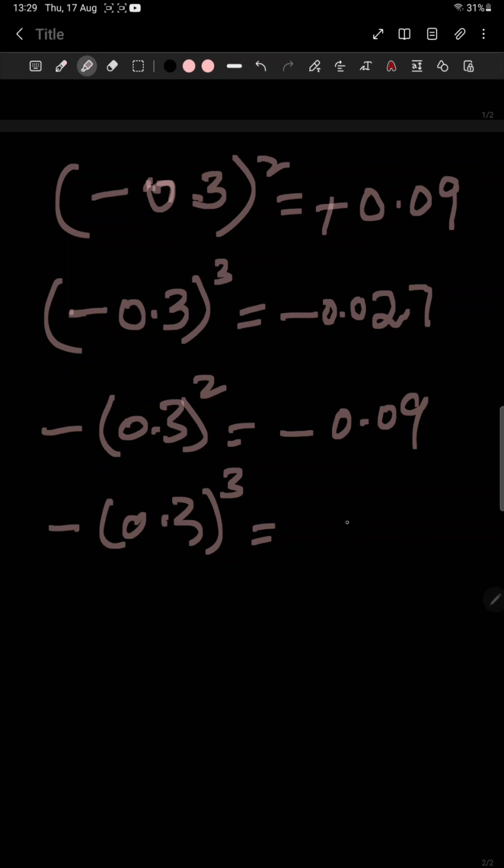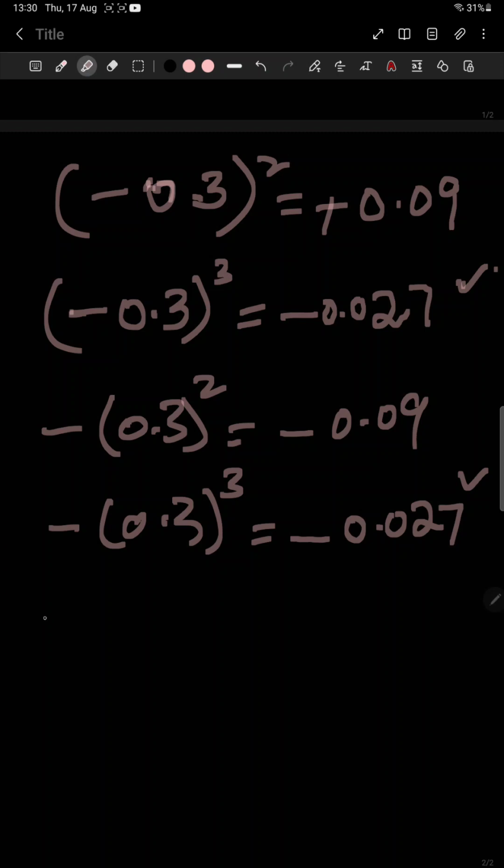The number will be cubed, so 0.3 cubed will give us 0.027 and the negative sign will be along with it. So the answer to this and the answer to this will be the same, because in both cases the negative sign will come with it.